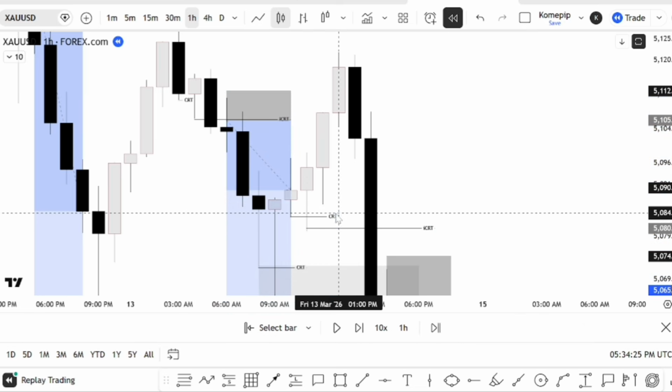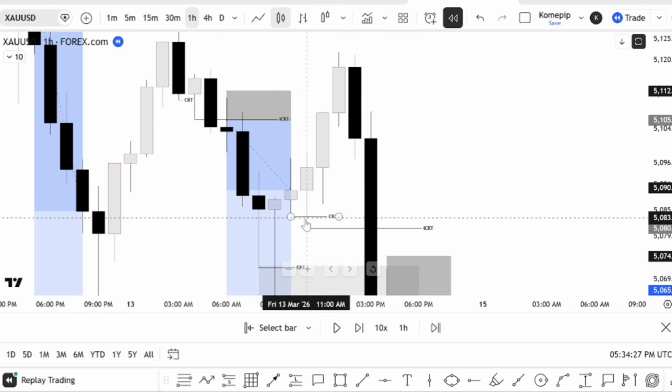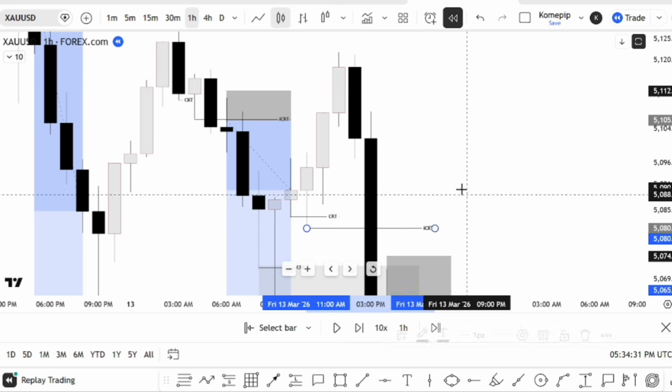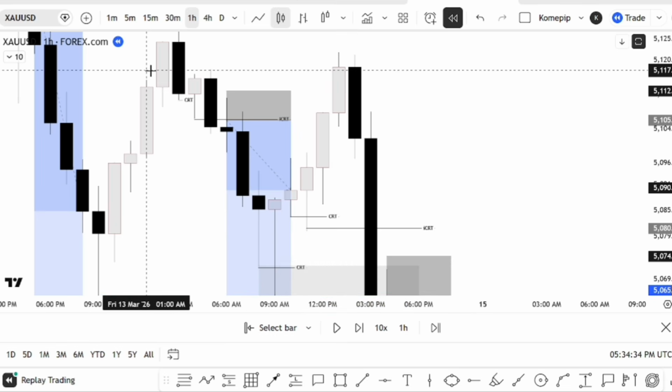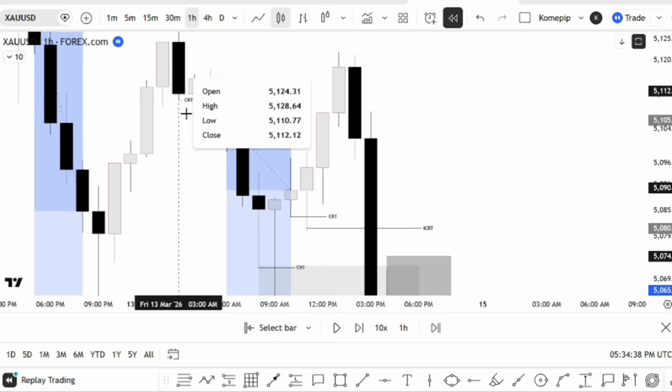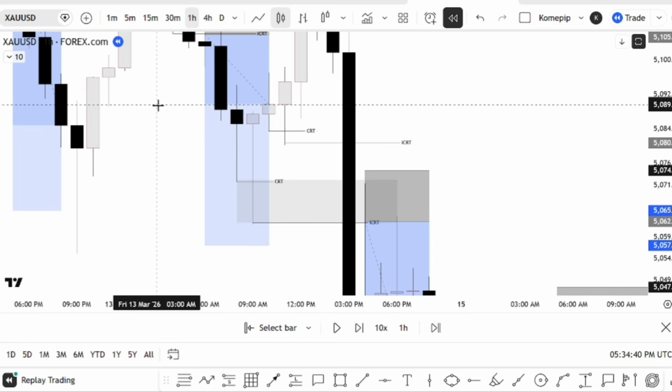So this actually failed. Because of the failure of this level, we are expecting price to sell from that particular level, and this is very important when you have been able to identify liquidity levels, your strong liquidity, your equal highs and equal lows.